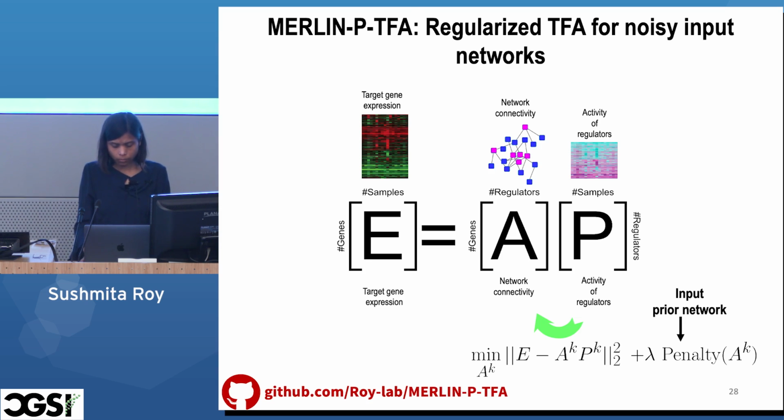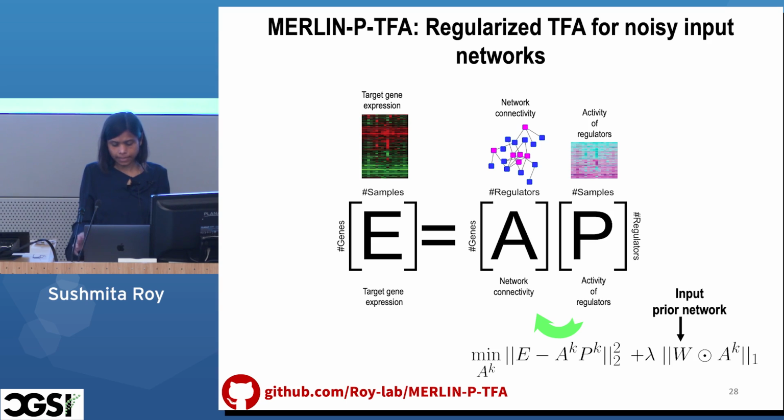So what we did was use a regularized version of TFA, where for most situations, the network that is used to estimate the activity has some notion of confidence. We could use that to constrain how we are estimating the activities and also the network structure.